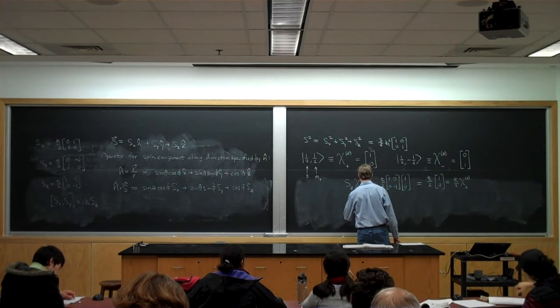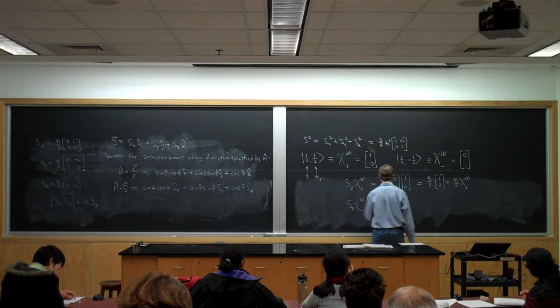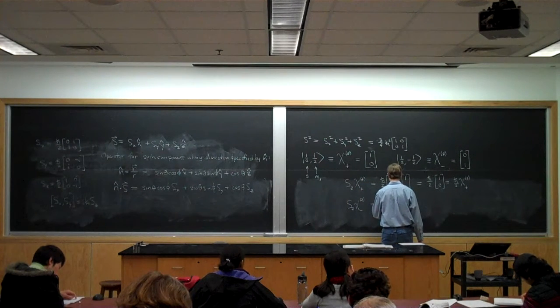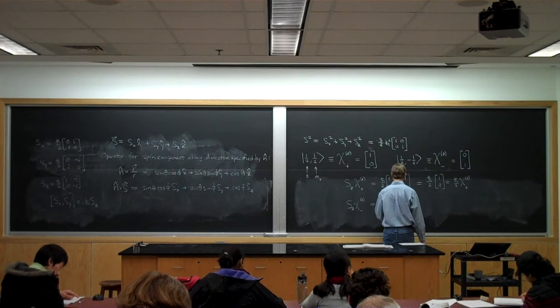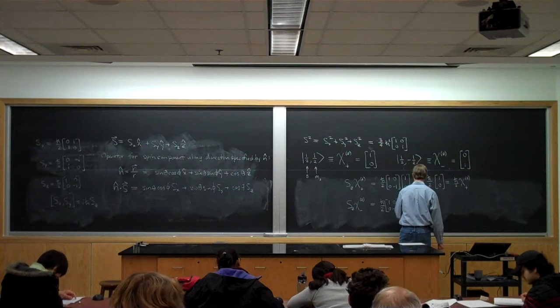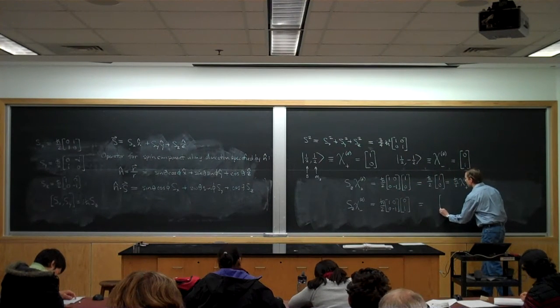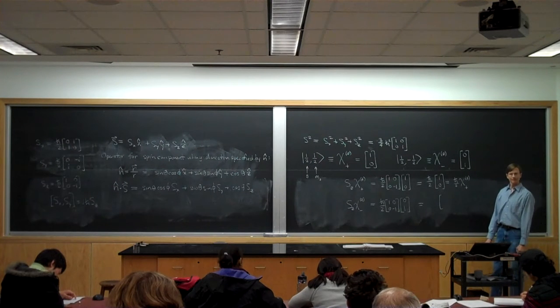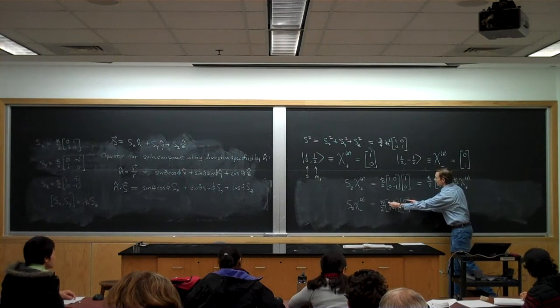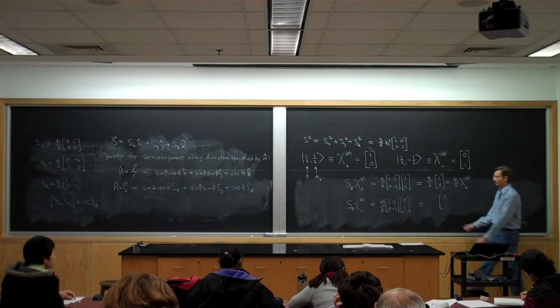And if we apply sz to chi minus, we get h bar over 2, the matrix 1, 0, 0, minus 1, hitting 0, 1. When I multiply those matrices together, what's the top component? 0, right? Because I get 1 times 0 plus 0 times 1 is 0. How about the bottom component?